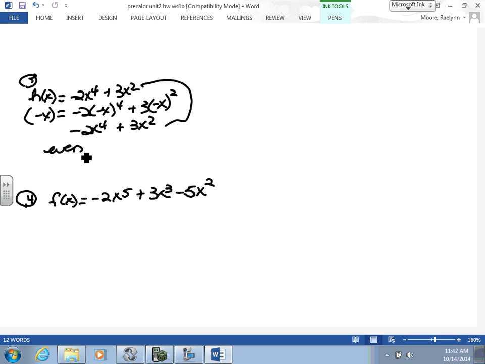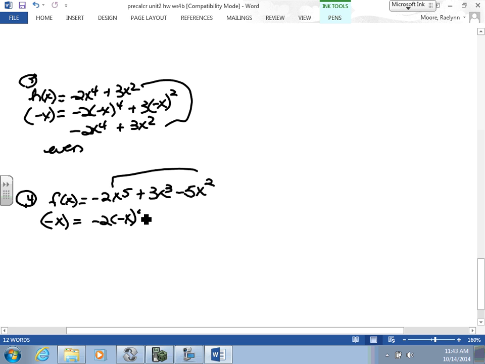What do we get for this one? Neither. Okay, now this is what you're going to notice too. Odds and evens can't behave the same way, right? So when I replace this with a negative x, the odds will behave the same, but the evens won't behave that way.